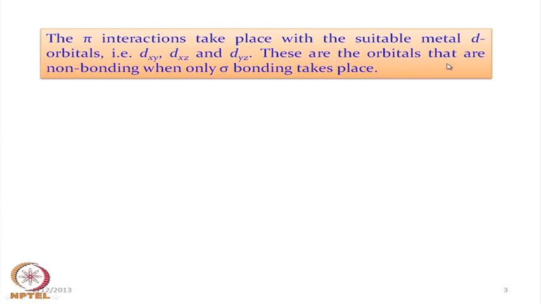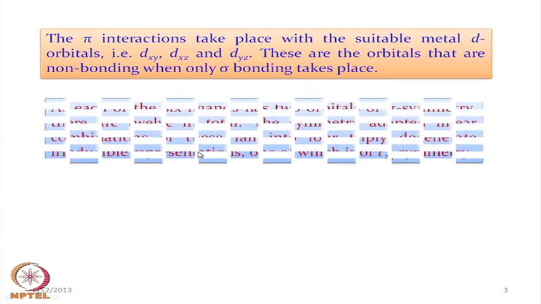So, we have stated already that these are the orbitals that are non-bonding when we only consider the sigma bonding interactions. When we come to pi bonding interactions, they are of different symmetry, perpendicular to some of these bonding axes. So, they will not remain non-bonding when we consider interactions of pi type.